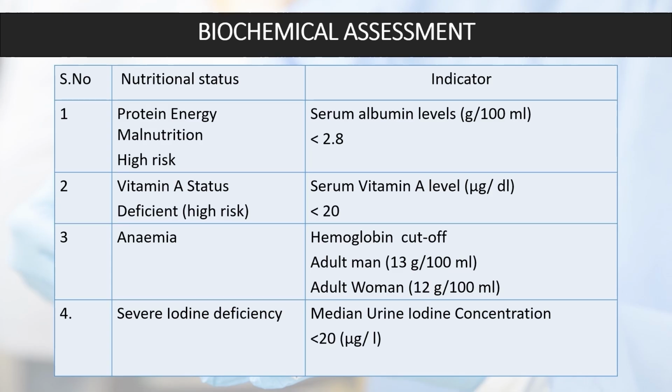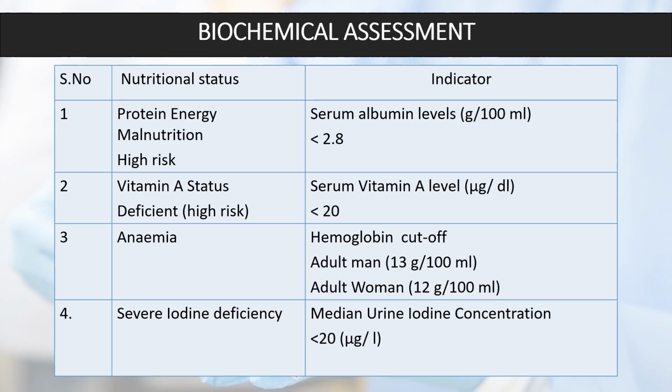Similarly, for vitamin A status, we use the serum vitamin A level in the blood. A value less than 20 micrograms per deciliter will be indicative of high risk of vitamin A deficiency. Anemia, we learned, leads to low hemoglobin levels. So, hemoglobin cutoffs are given for iron deficiency anemia. Likewise, the cutoffs are given for children and for pregnant women.